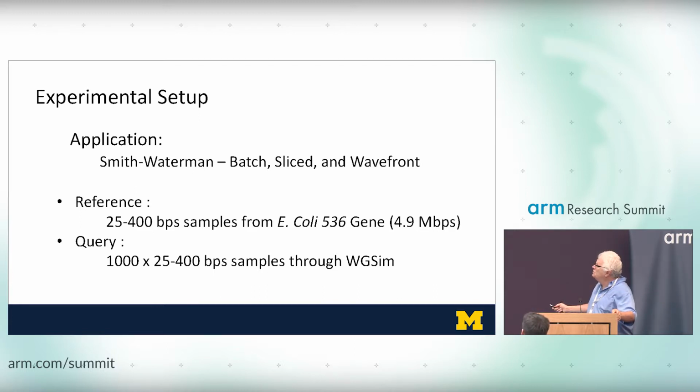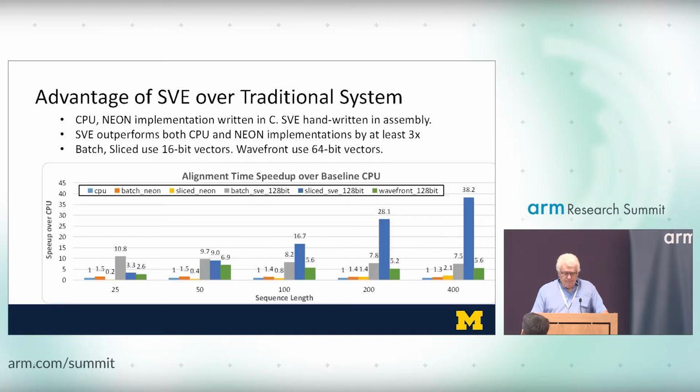So our reference was relatively small, and these are the queries. We had about 1,000 of those, and we looked at them up to about 400 base pairs. So let's take a look at some results.